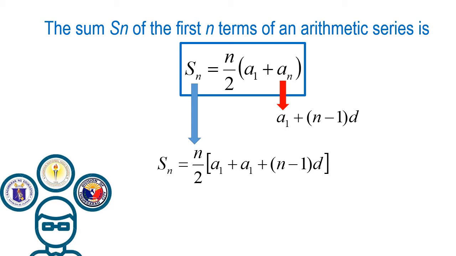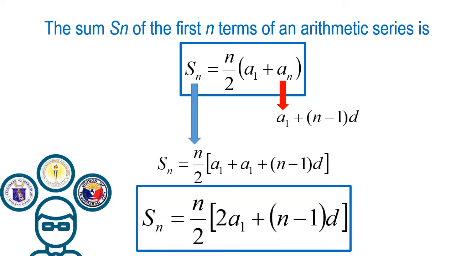Simplifying it gives us S sub n is equal to n over 2 times twice a sub 1 plus n minus 1 times d, where n is the number of terms, a sub 1 is the first term, and d is the common difference.